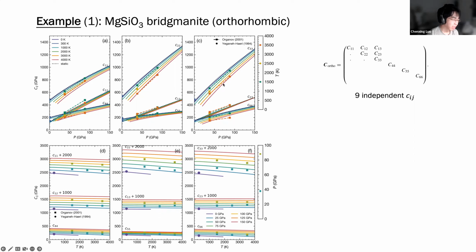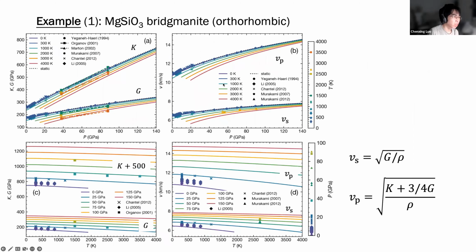There are not many measurements because the measurements are still too expensive for the system, even for the most abundant phase in the Earth. However, there are more measurements on the bulk and shear moduli and also the compressional and shear velocities shown here.